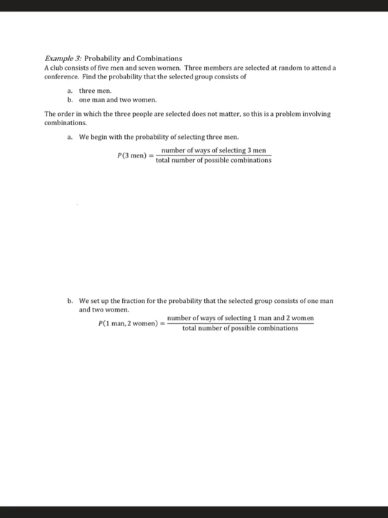Again, we want to start with the numerator and denominator as 2 separate things. For the numerator, we want the number of ways of selecting 3 men. There were 5 men to start with, so our numerator is 5 choose 3, using 5 because that was the total number of men.